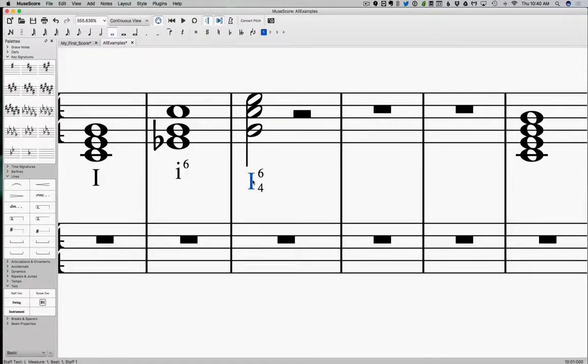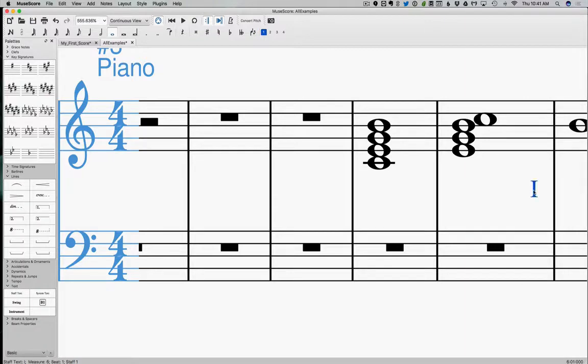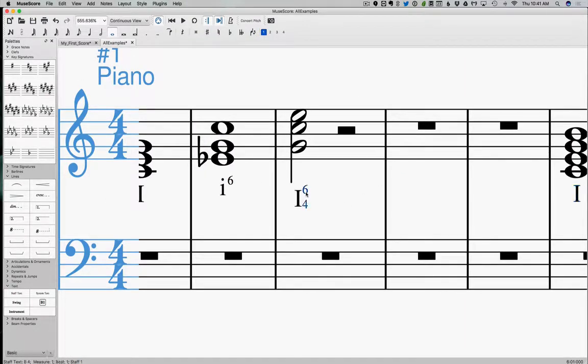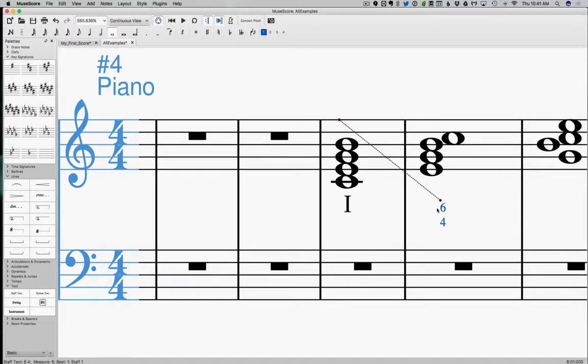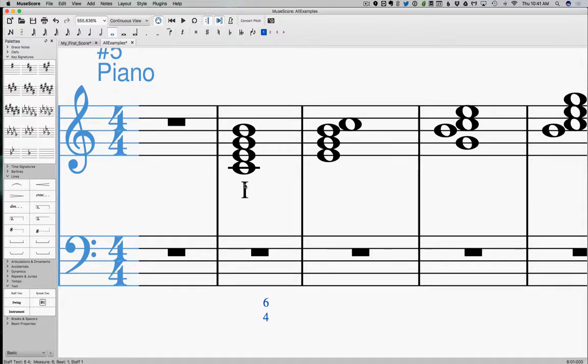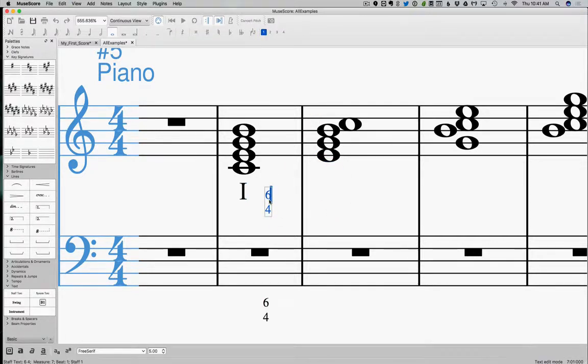Okay, so let me grab this nomenclature here. This one, same deal. We can write 1 on it, but we have to somehow indicate the 7. So the way we would do that is just with a 7.